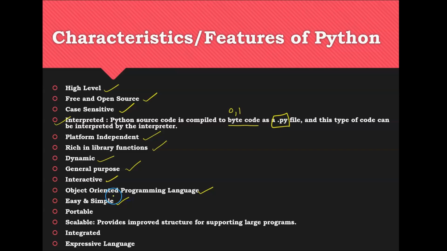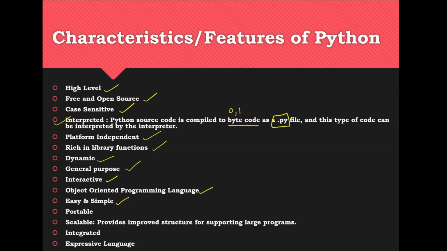Even learners who have no prior programming knowledge can learn Python very easily. And the people who already have knowledge of C and C++, Python is nothing for them, so it will be very easy for them to crack it.